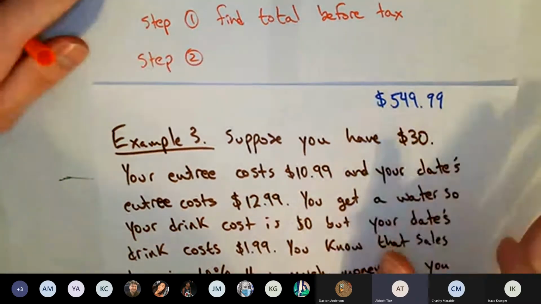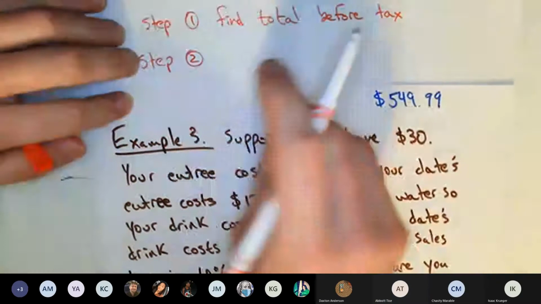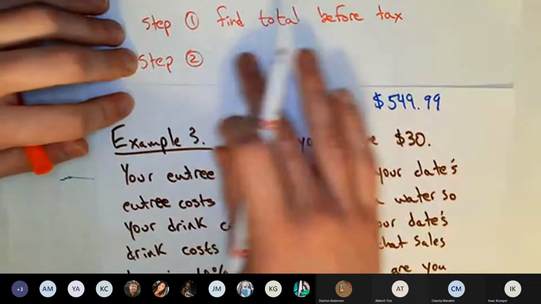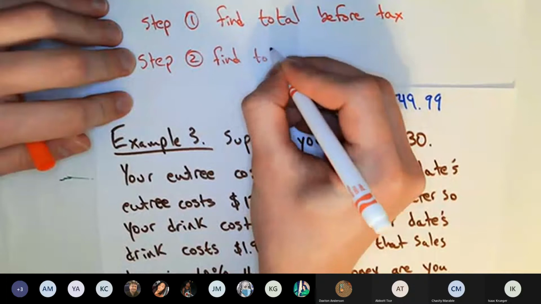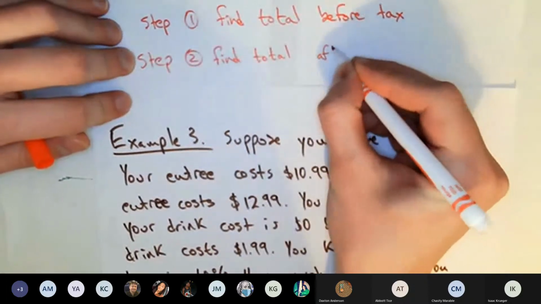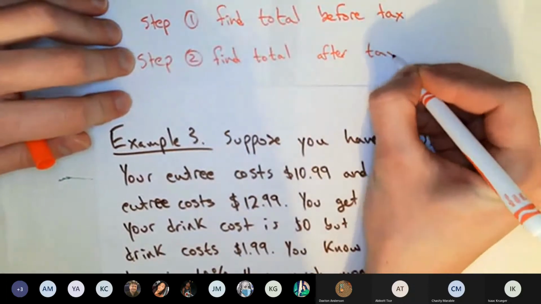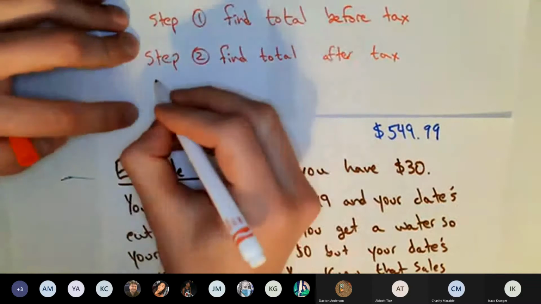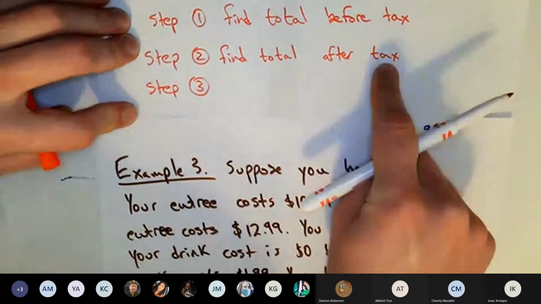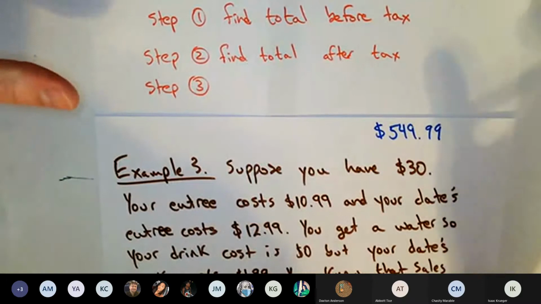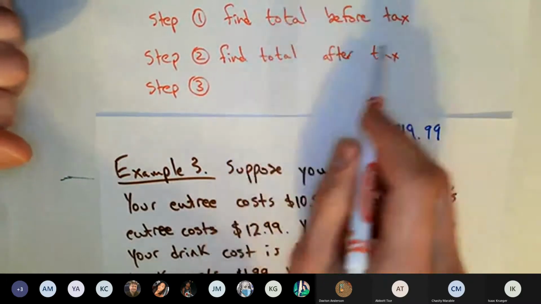That's right, but I'm going to be a little bit more general and say find total after tax, which is what you described. So step two is finding the 10% tax and adding it back to whatever the total was.